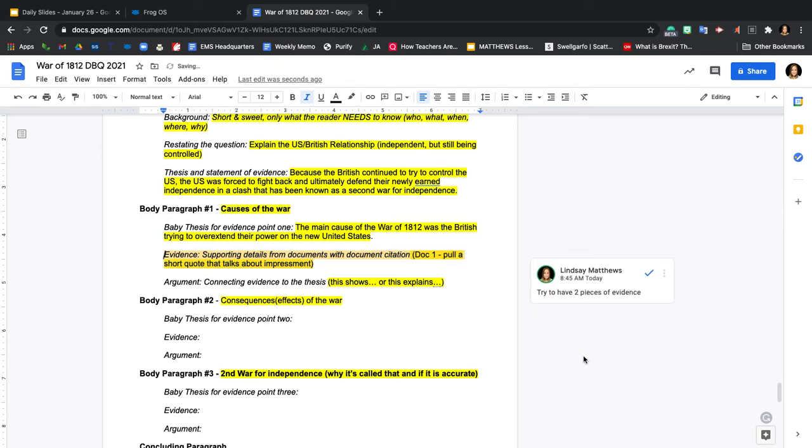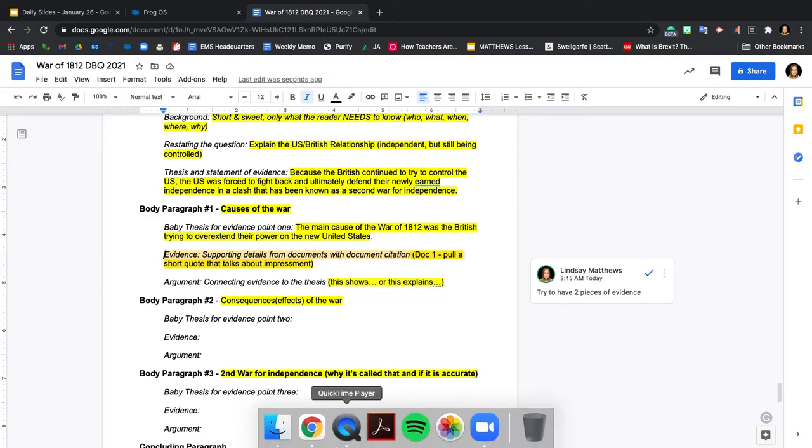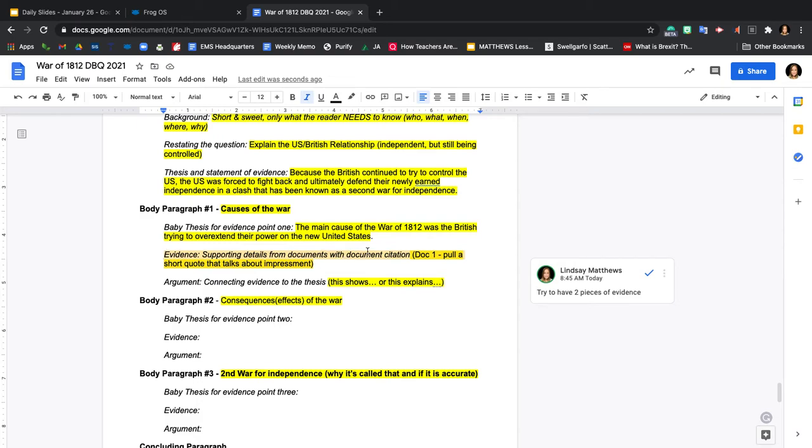And I'm going to download this as a PDF, and I'm going to send it to you guys on Frog Messenger so that you have my marked up copy while you're working. So once you've got 2 different quotes and an argument for each, you're ready to move on. You're going to do the same thing for the consequences. What were the effects of the war? How did it impact the United States? Summarize that up into a baby thesis. Give me 2 pieces of evidence.